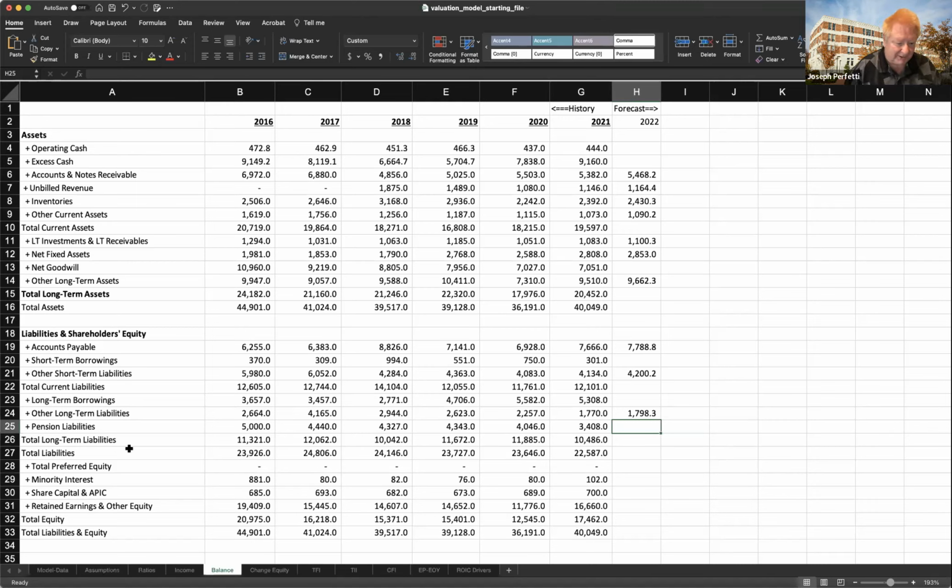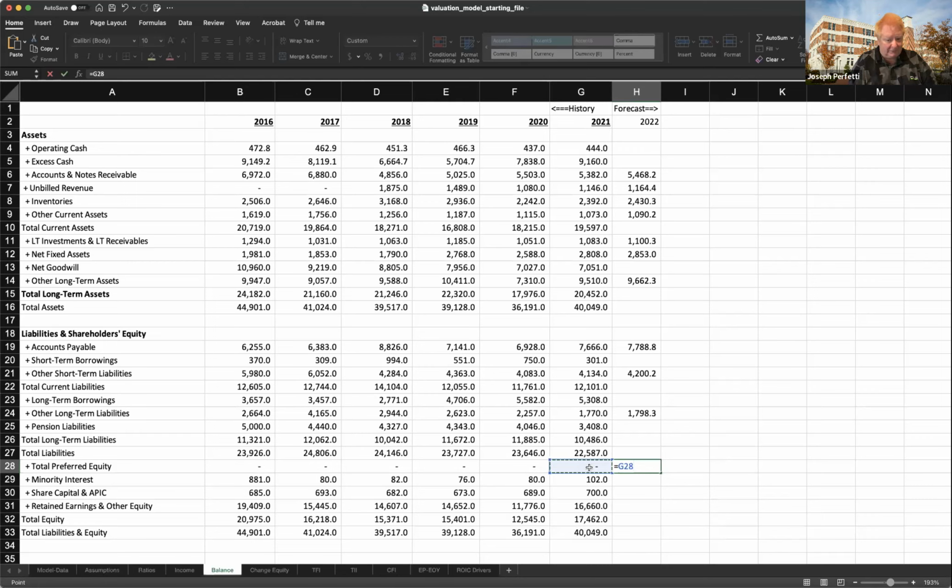Specifically, we're going to forecast equity first. These 4 equity accounts. Starting out with total preferred equity, row 28. So for H28 equals G28. And the reason why, going back to it, is that if we are operating with a target capital structure and we're not changing the debt or equity in the firm in the future, whatever equity they have, they keep. So any preferred shares they have, they keep.